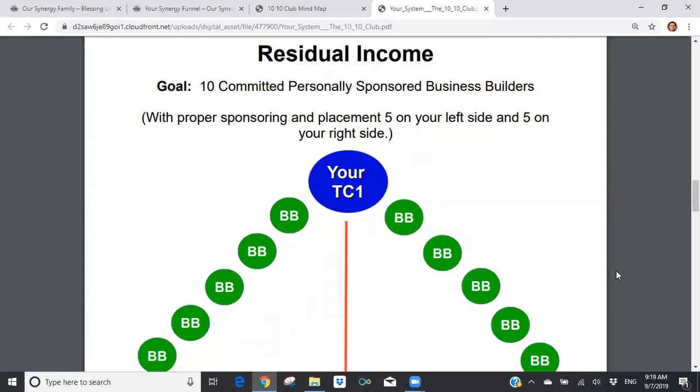And as I show you this component, you're also going to understand how you can use the 10-10 Club to leverage those contacts to show them the power of implementing a systematic strategy through the 10-10 Club that can lead to significant residual income that provides them with the financial independence that they're looking for.